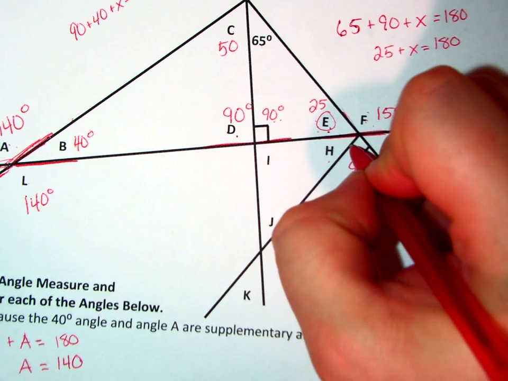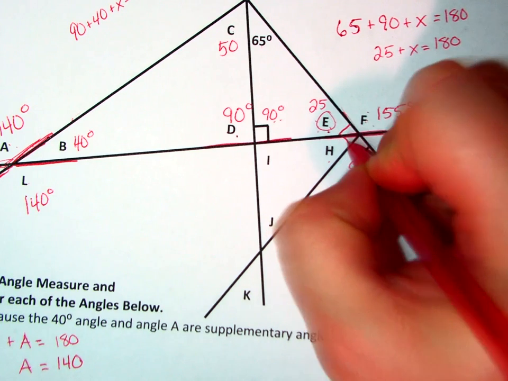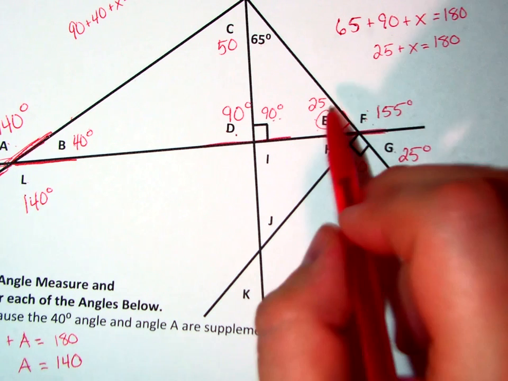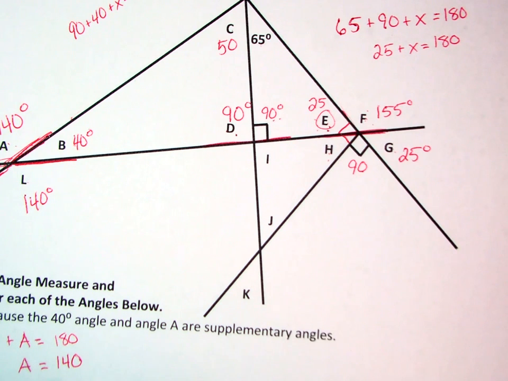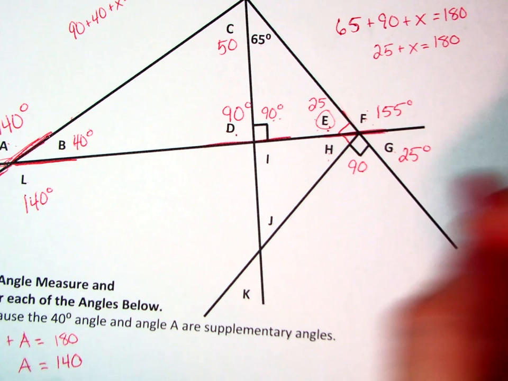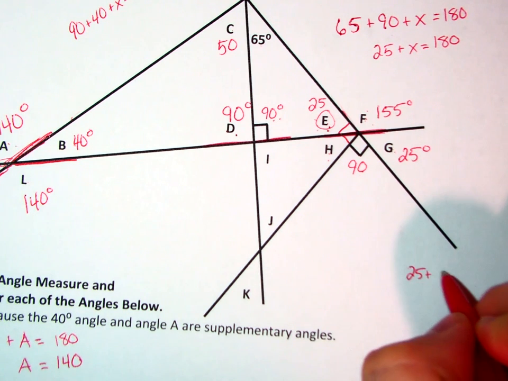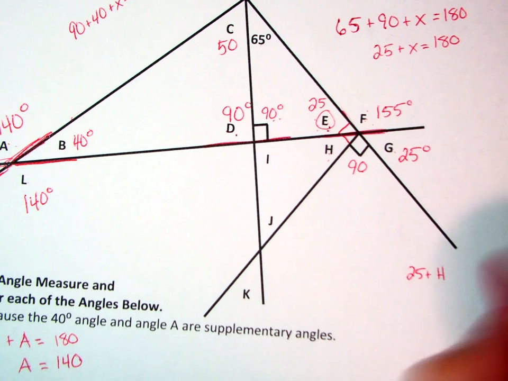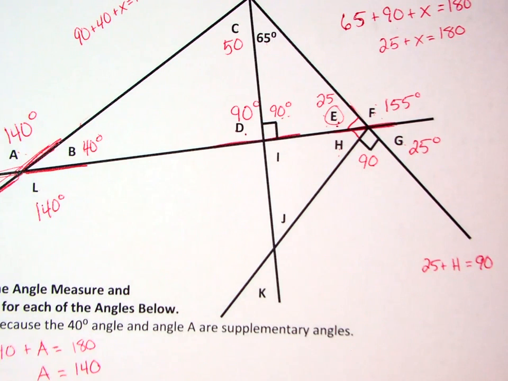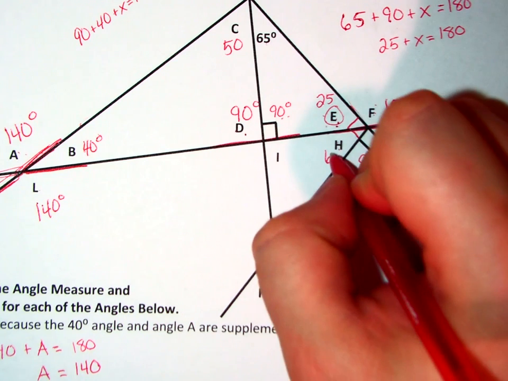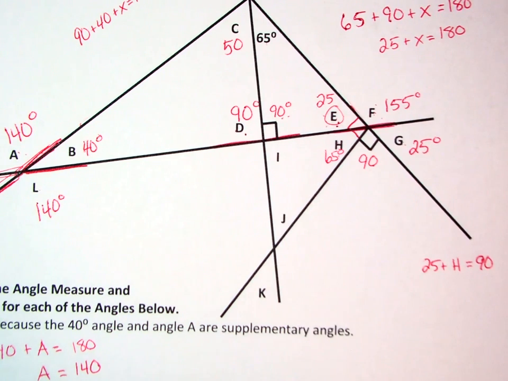So that means E and H are complementary angles. Their sum is 90 degrees. 25 plus the value of angle H is equal to 90 degrees. So 90 minus 25, my H angle is 65 degrees.